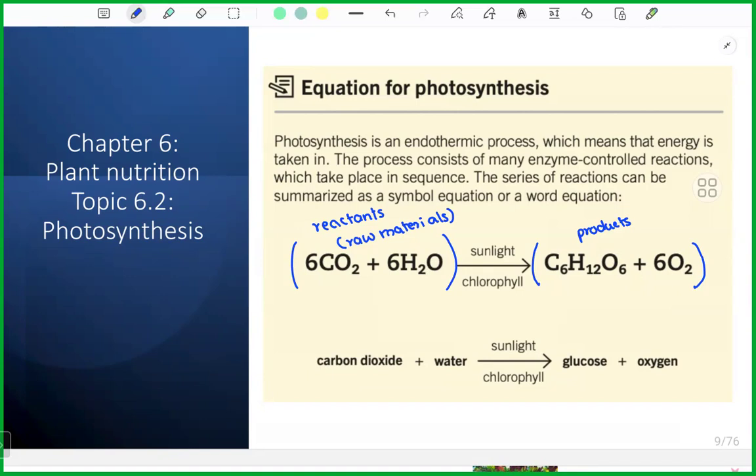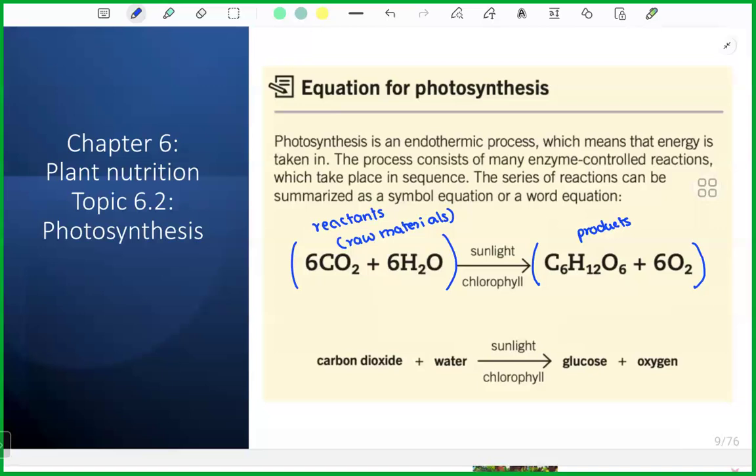One more time, photosynthesis is the manufacturing or producing of glucose using light energy. Photosynthesis is an endothermic process, meaning that energy is taken in. Another thing most students get confused about is whether photosynthesis produces energy. This is a no, because this is not respiration.